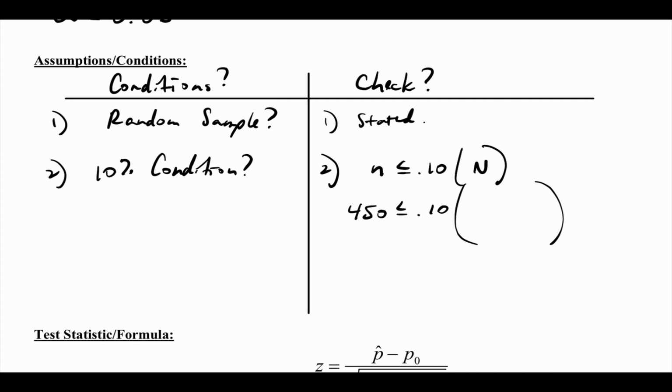Because 450 are a random sample of 450 people who took the vaccine, right? So if that's little n, big N would just be all of the people who took the vaccine.